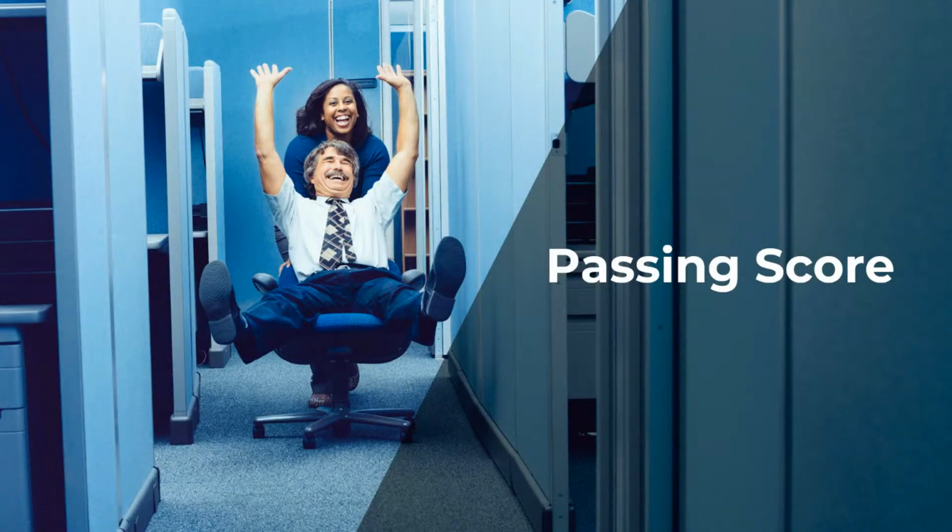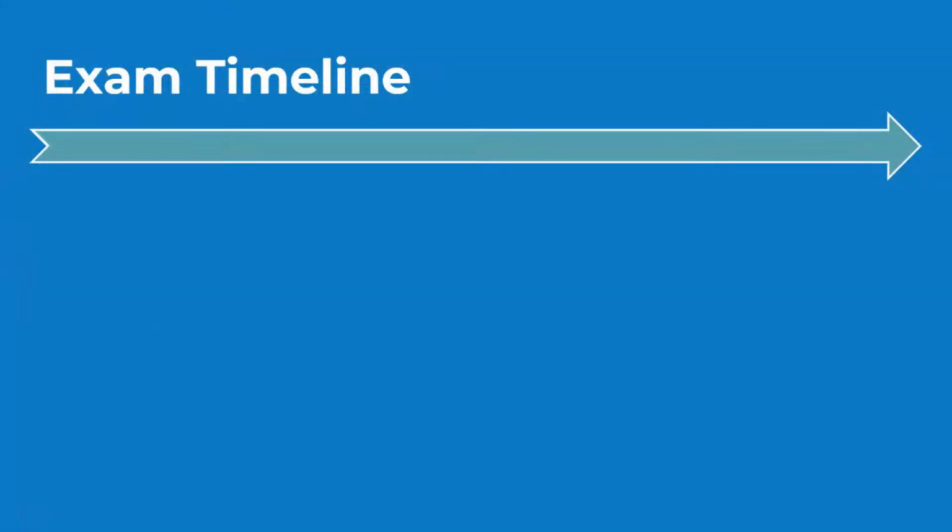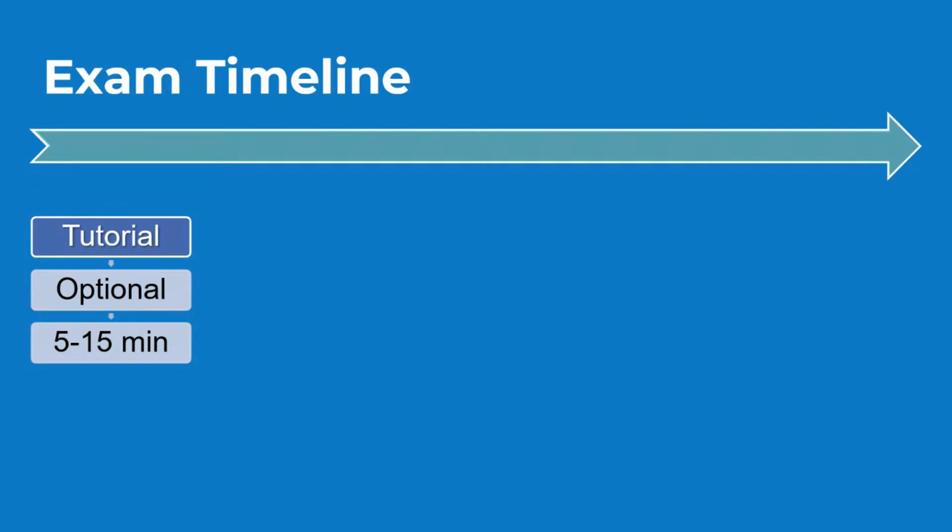Wonderful. The big one, the PMP exam passing score. Before we talk about the exam passing score, though, I want to take a look and start with the exam timeline. So the actual exam, when you're sitting in the room there and you're taking the exam. So when you sit down and the exam begins, it doesn't begin immediately because there is a tutorial that is completely optional.